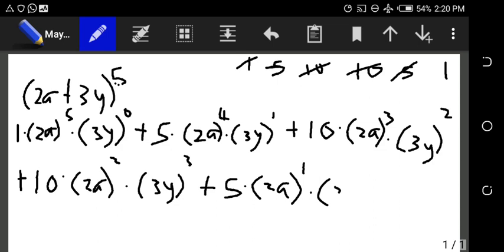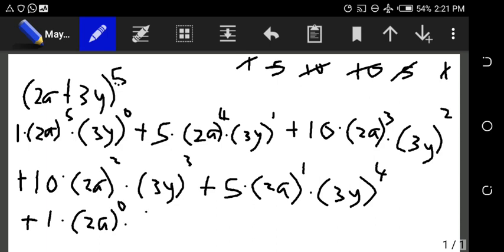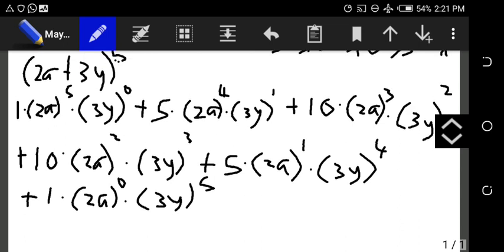Then for the second term, that's (3y), it will be raised to power 4, and lastly plus the last coefficient, which is in this case 1, let's take 1 times the brackets, the first term, which is (2a) raised to power 0 now, times (3y) raised to power 5. Okay, so we have expanded out.